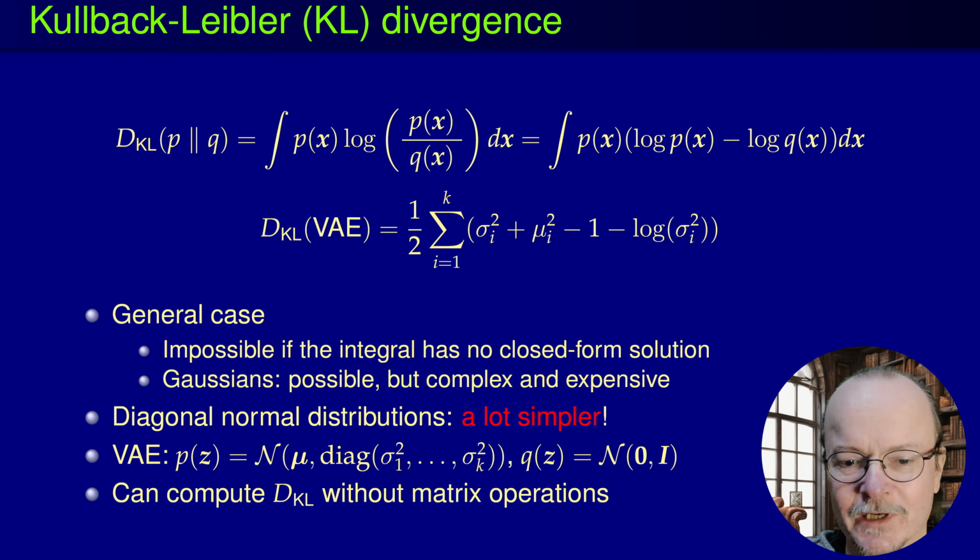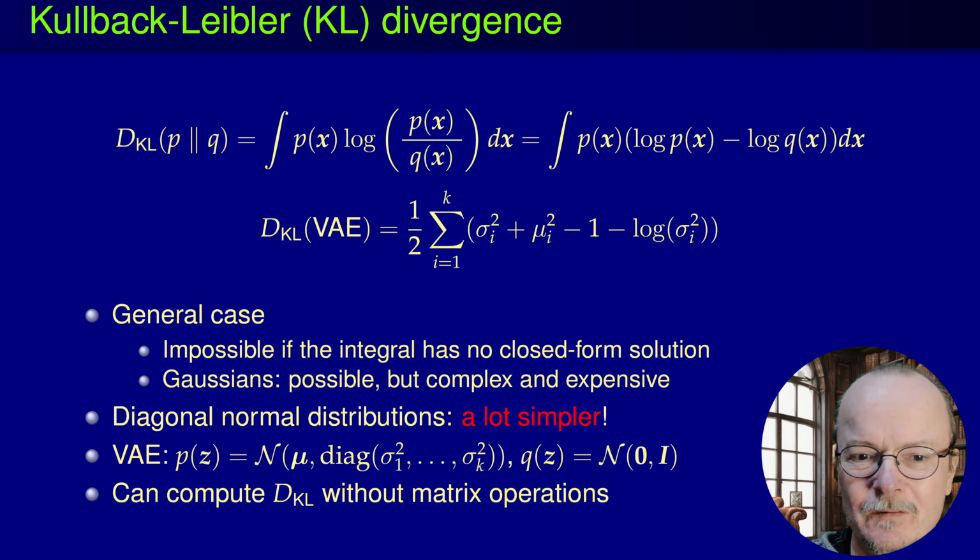Why in the first place did the VAE inventors end up with this kind of loss function, a combination of two losses? The answer is known as the evidence lower bound, or ELBO for short.